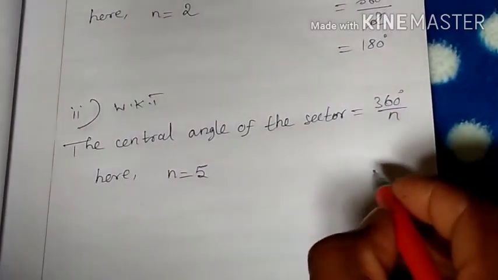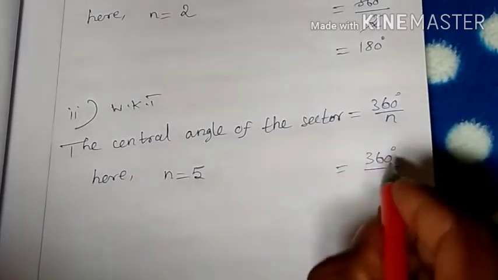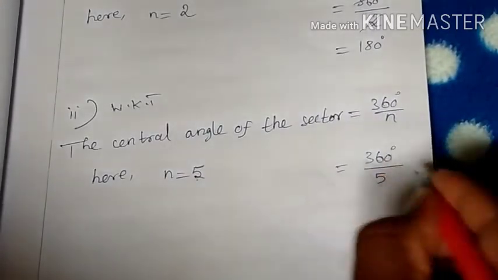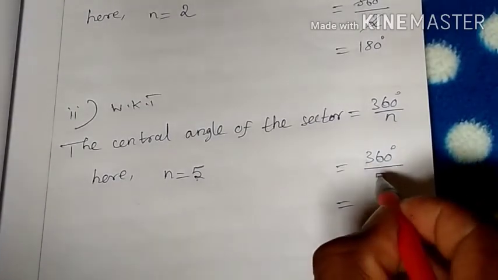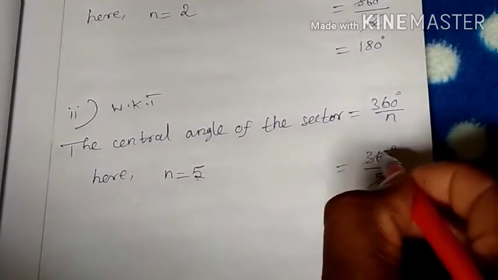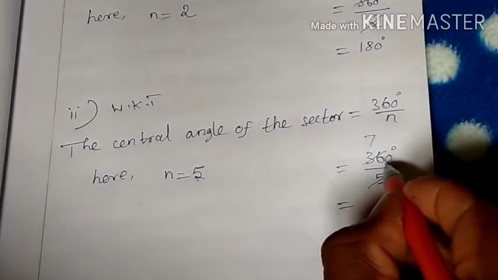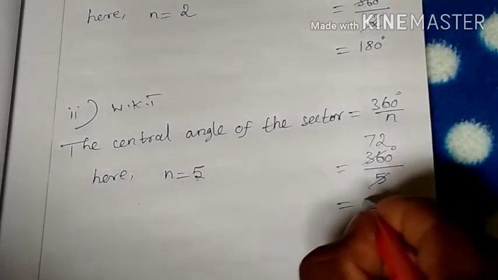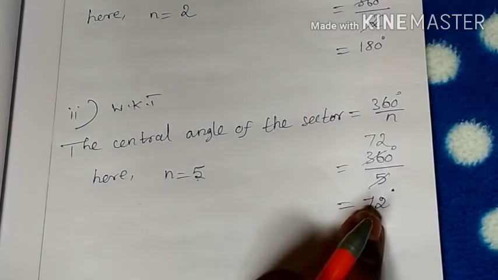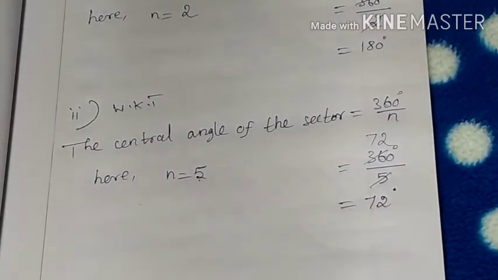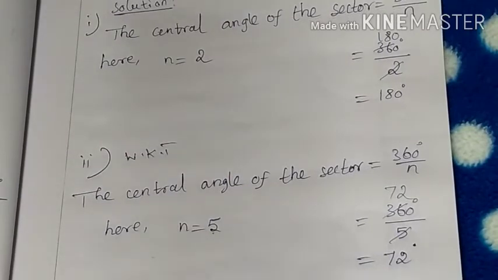The central angle of the sector is equal to 360 divided by n replaced by 5. Okay. So using the cancellation, 1 5s are 5, the 7 5s are 35. Okay. Carry 1, this is 10, so 2 5s are 10. So 72 degree is the central angle of given sector. Have you understood the answer? So we have 4 subdivisions. The third and fourth is your homework.